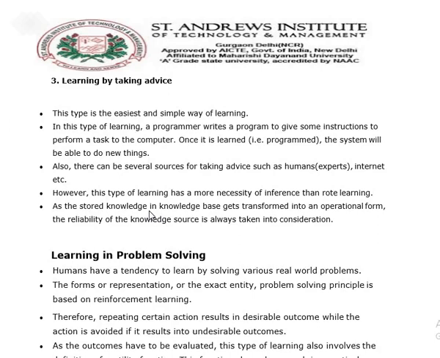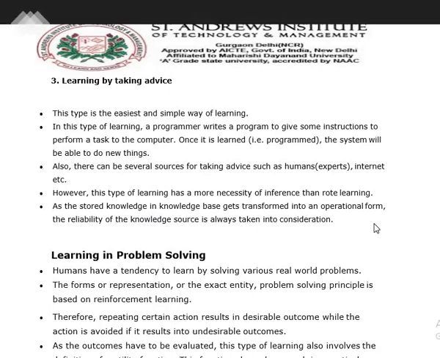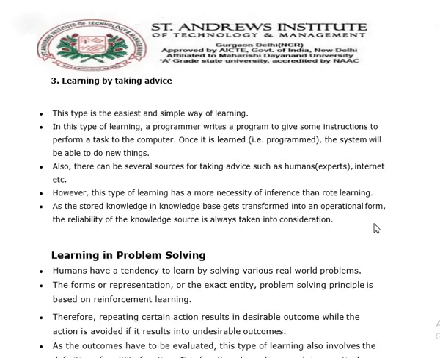In remote learning, we memorize things, and after taking advice, the same intelligence of memory or data is recorded and stored in the intelligent system, which can be utilized in the future as expert storage knowledge in the knowledge base, transferred into an operational form.